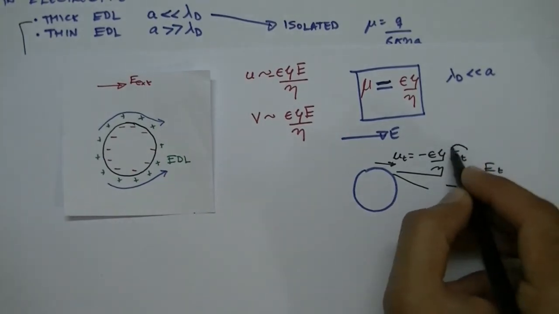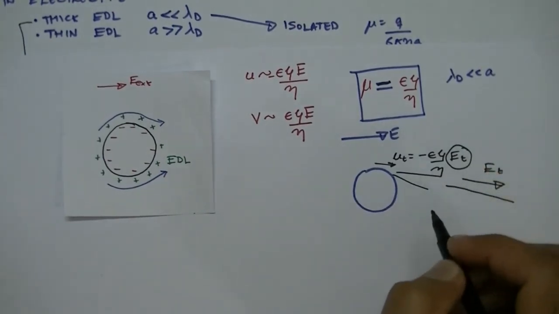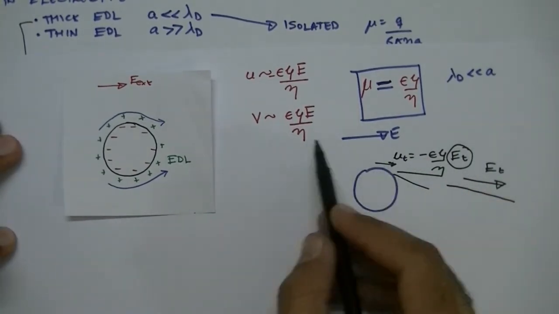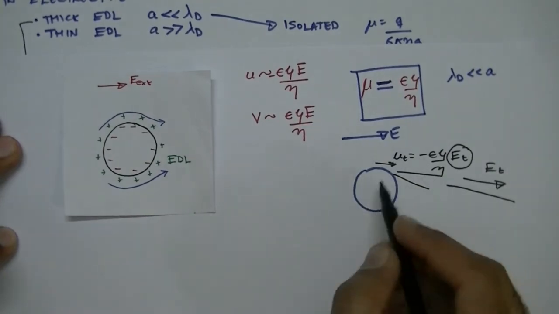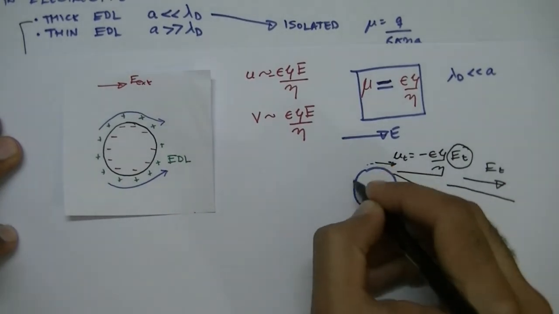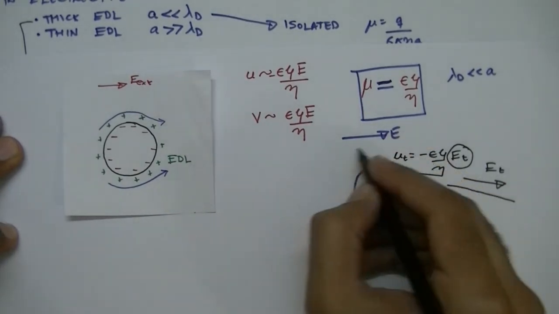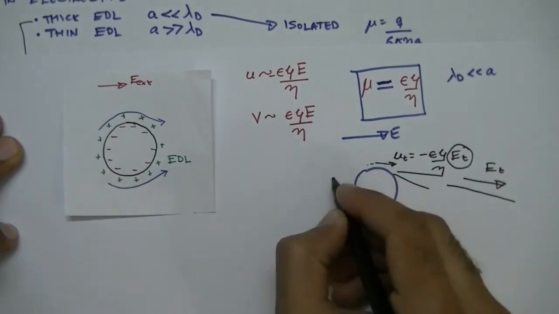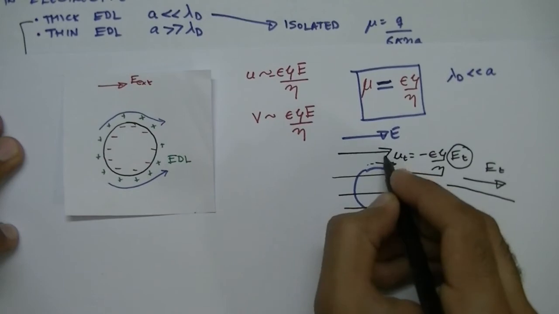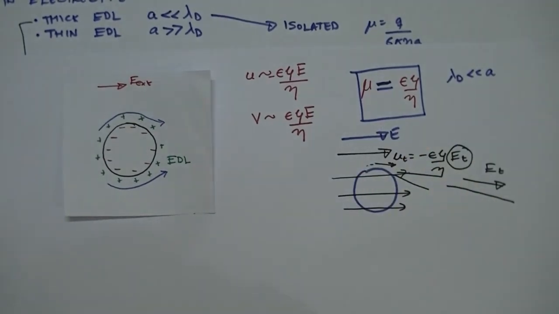Now we need to calculate this tangential electric field at the surface. Due to the presence of the particle, if we apply an electric field and the particle is insulating, and because the EDL is thin, it screens all the charge on this particle, so the electric field cannot simply pass through the particle. So we need to calculate the electric field.